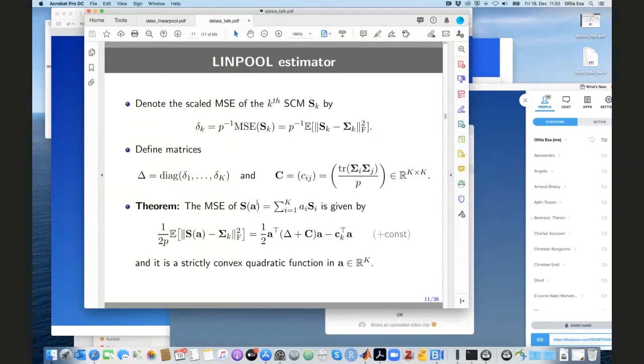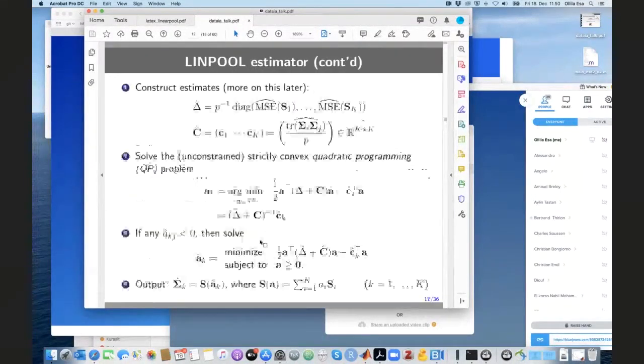The first result is that we have this linear combination of the sample covariance matrices. When you look at the mean squared error, the distance of this combination toward the kth covariance matrix, this becomes a strictly convex quadratic function in A. It means, first of all, that we can have an analytical solution if we don't have any constraints.